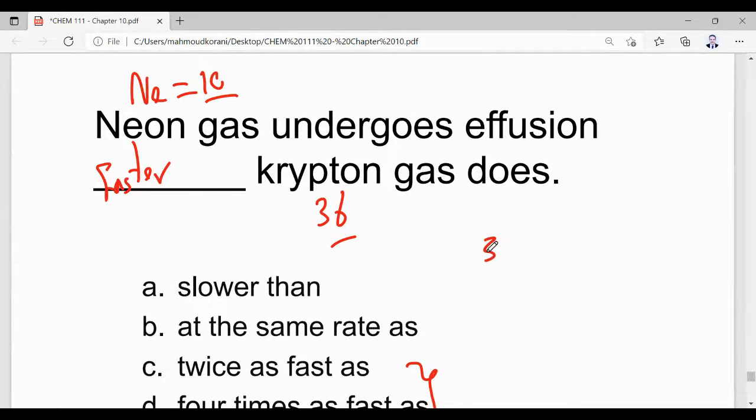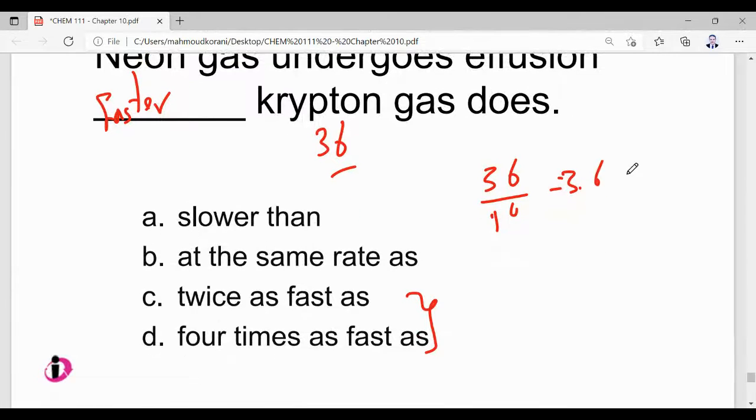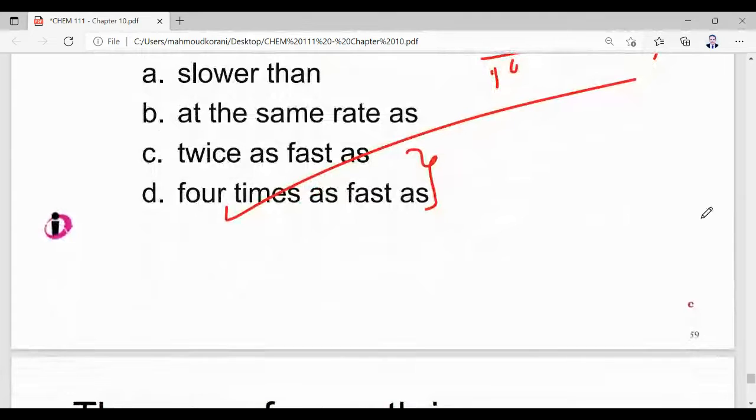If you divide 36 by 10, it will be 3.6, which is almost 4. So this is the right one, four times as fast.